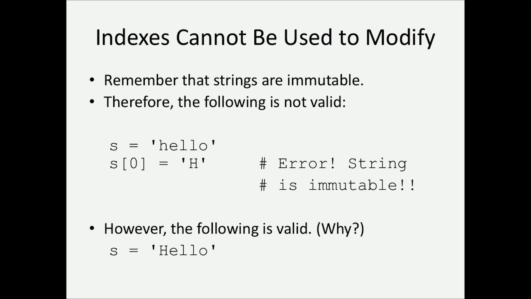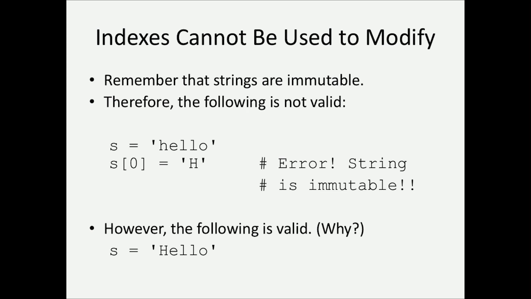I should be able to put the index on the left side to say change this one letter. And if I try that, Python will complain. It'll say, no, you can't do that. Strings are immutable. You cannot change string data. So what do I do? I'm stuck. I say it's a typo, I need to put a capital H there. Well, what you do is you say s equals "Hello" with a capital H, and that works.